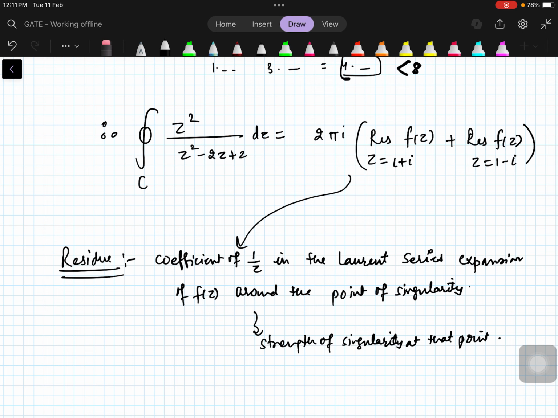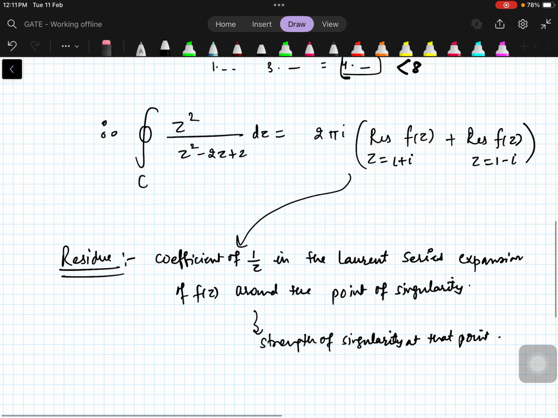Now, if you have an isolated singularity, for example, these two are isolated singularities, right? You can find a domain around these points where there are no other singularities.